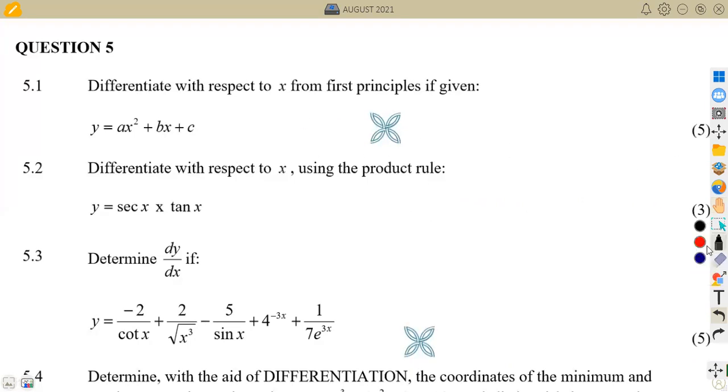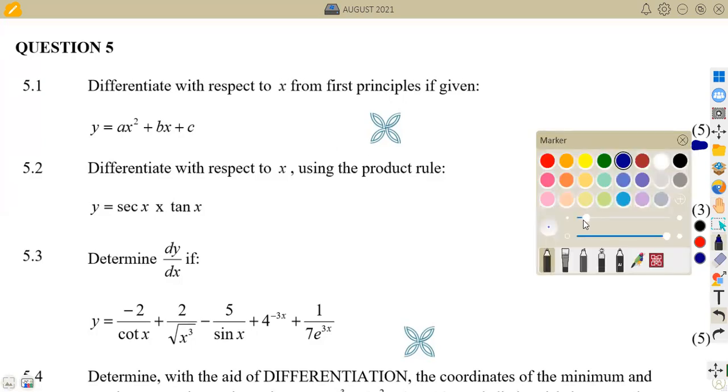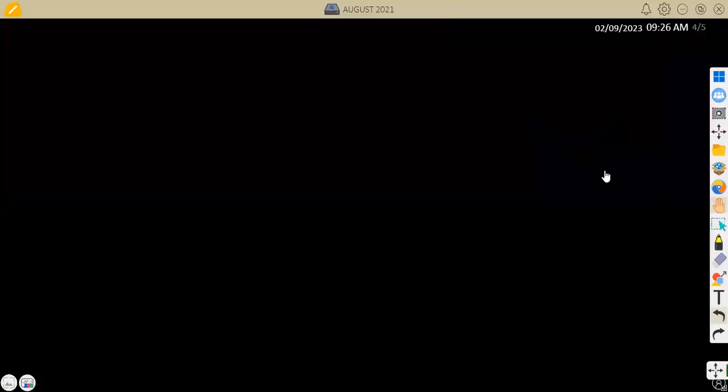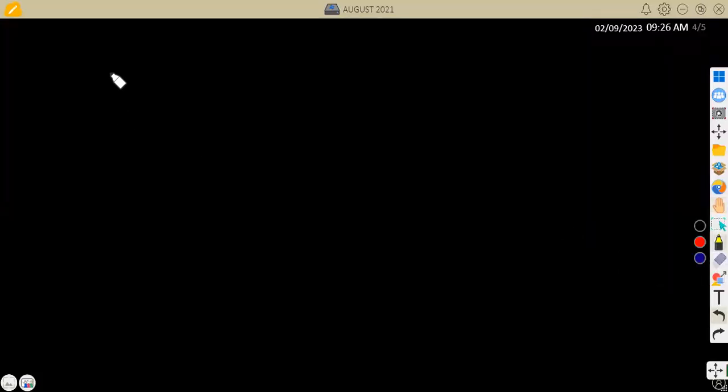Okay, so we shall just quickly rush through this question so that we see how we're supposed to differentiate this from first principles. So that's question 5.1. We are given f of x, which is equivalent to ax squared plus bx plus c.